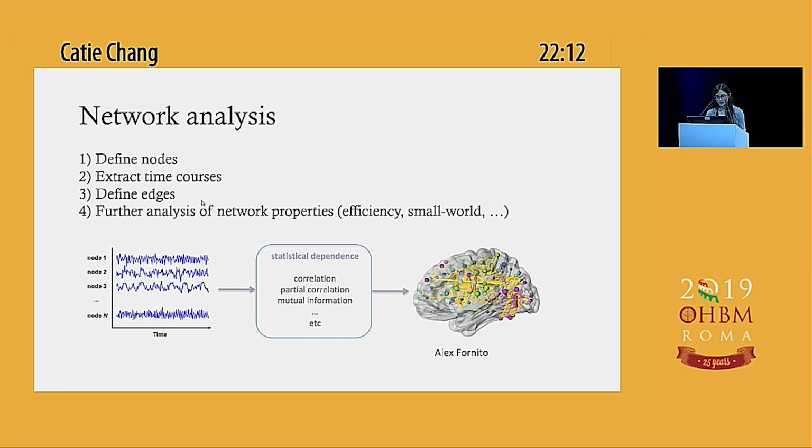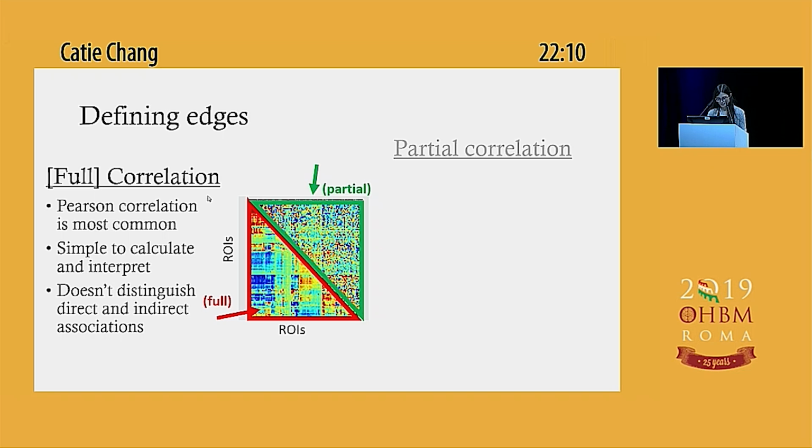So a little bit more on how we define edges. I'd say correlation and partial correlation are two very widely used methods for quantifying these associations. Pearson correlation, I think, is the most common one that I've seen, and this is where you simply calculate the correlation coefficient between a set of nodes, or pairs of nodes, and we can represent that as a matrix like this.